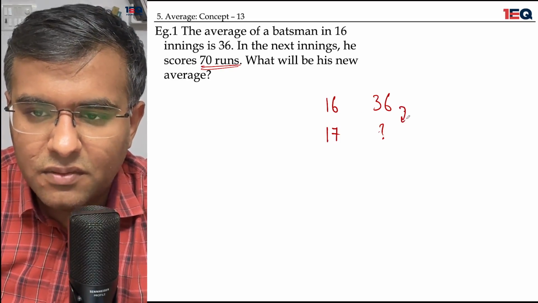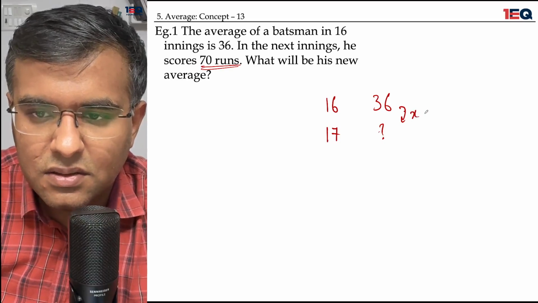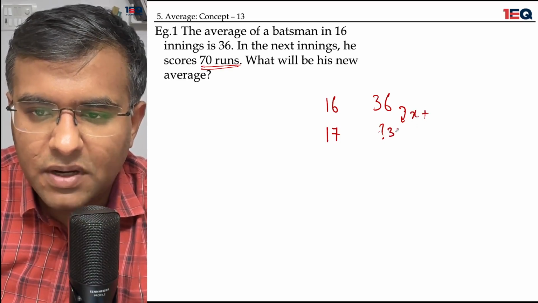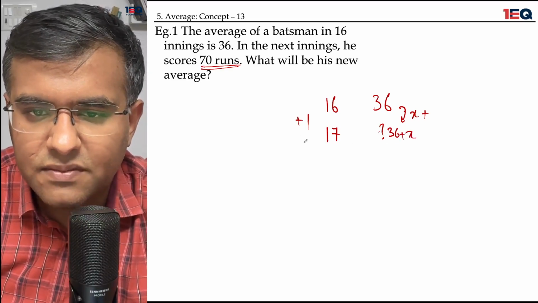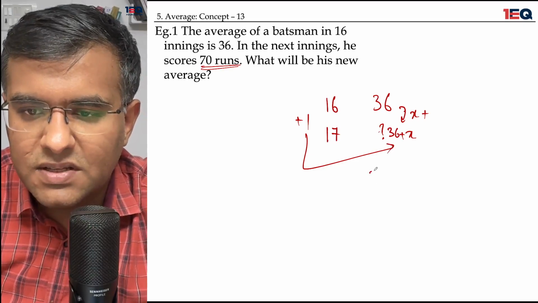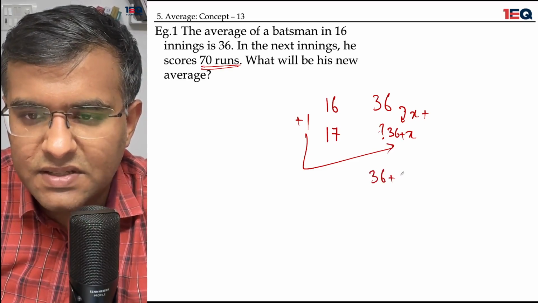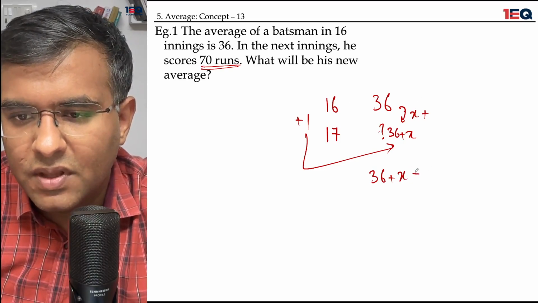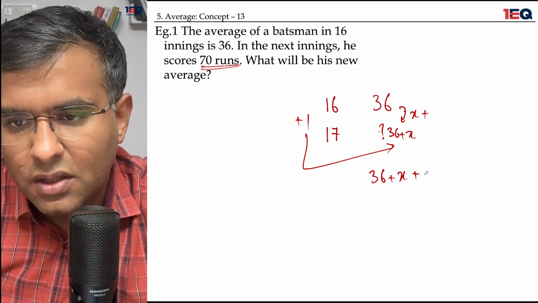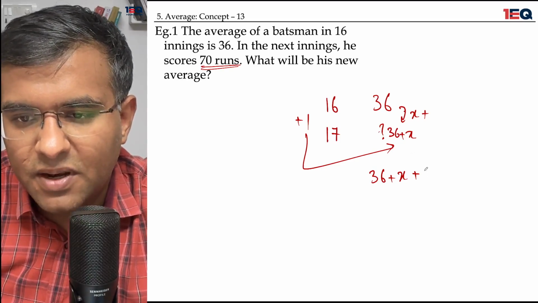Let's say there was an increase of plus x in the average, which became 36 plus x, right? And there was a plus 1. So this plus 1 would be multiplied by 36 plus x, and this plus x would be multiplied by 16.